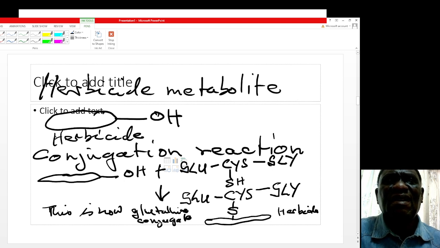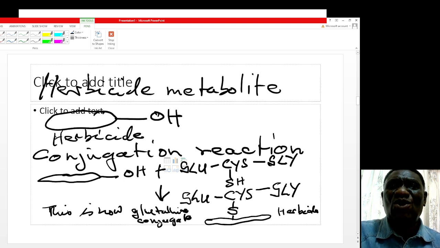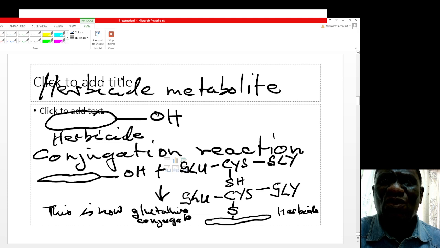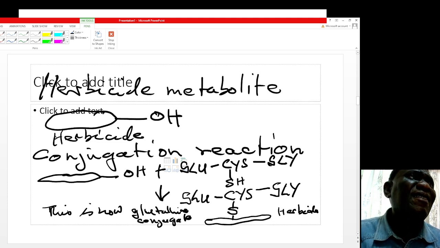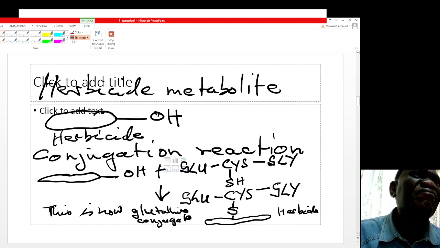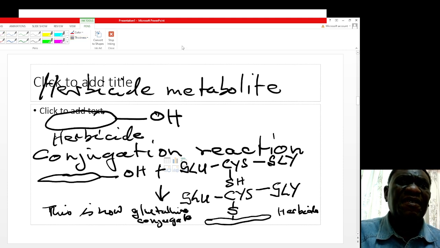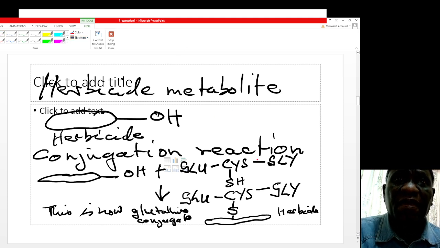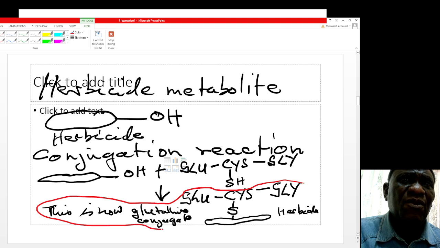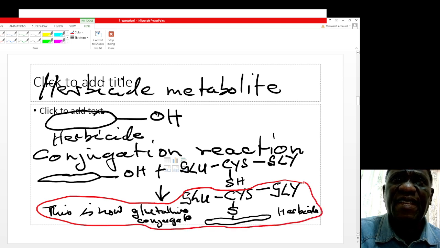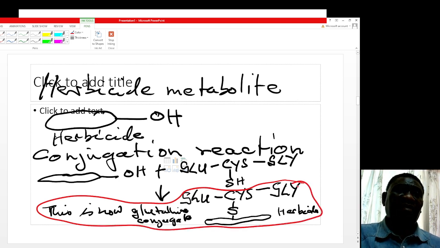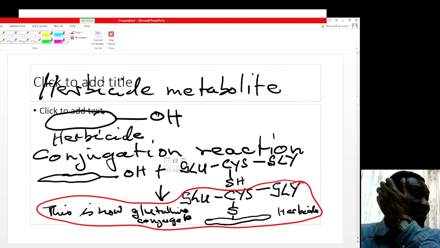Now, the glutathione conjugate will cease to be toxic. Let me clearly separate this. This is the product which we obtain. This is less toxic.